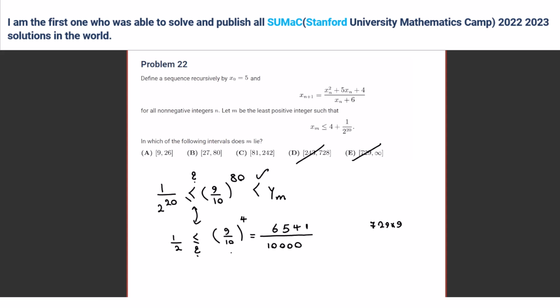Do you agree it's correct if you cross multiply, it's 13,000, right? Okay, so like this we can reject A and B. So here it was more rigorous, right?